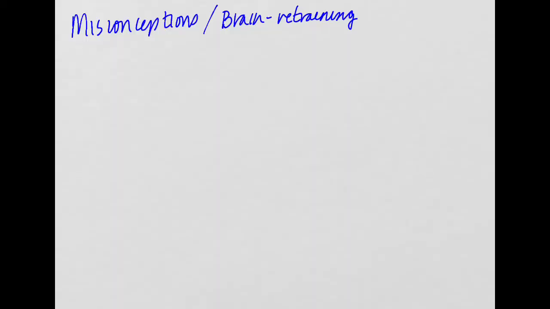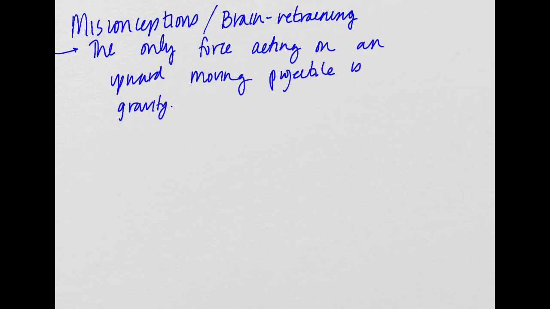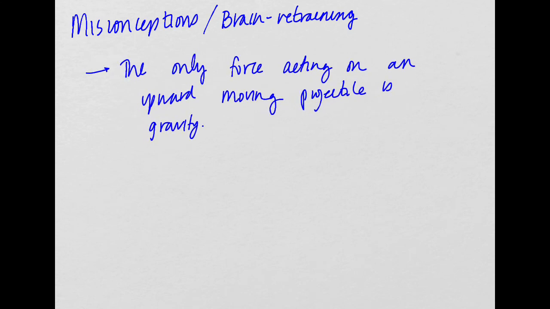Okay. All right, so we need to talk about some misconceptions and do some brain retraining in order to really understand and proceed with this idea of projectiles. So the first misconception is that projectiles that are moving upwards, so if they're thrown vertically or thrown at an angle, whatever it is, the only force acting on them, because they're a projectile, is the force of gravity.